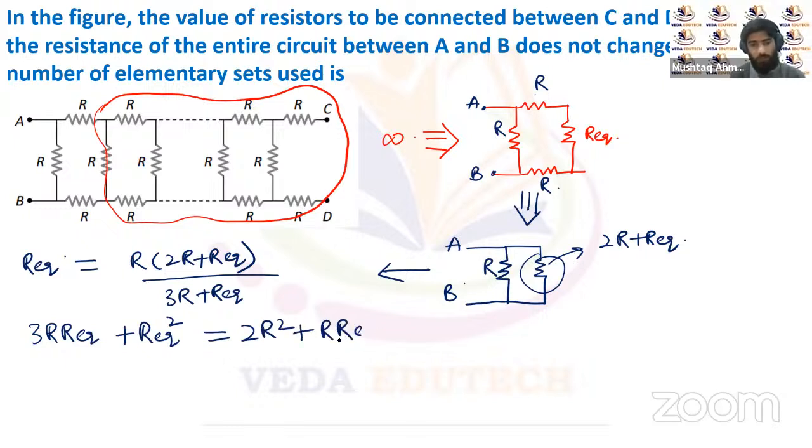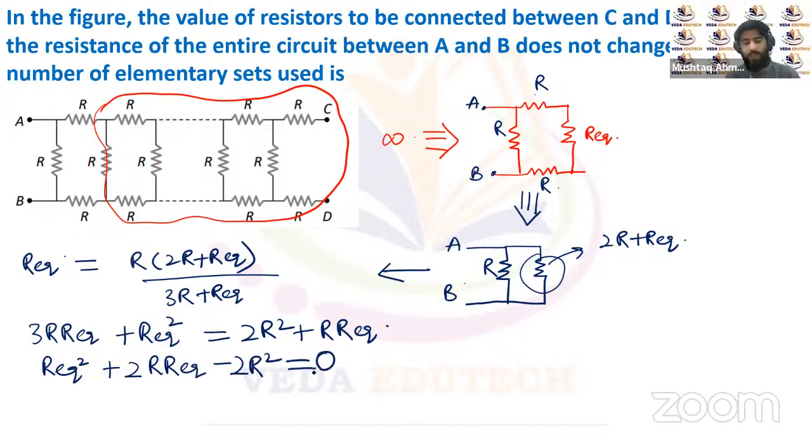If we rearrange this equation, we get R equivalent squared plus twice R into R equivalent minus 2R squared equal to 0.